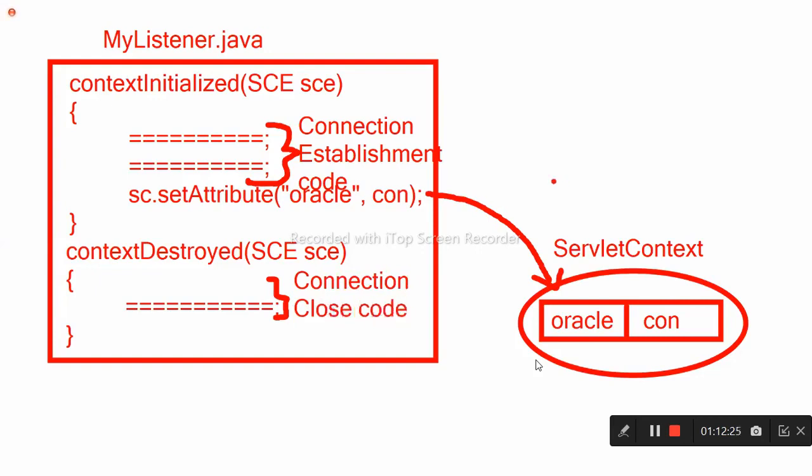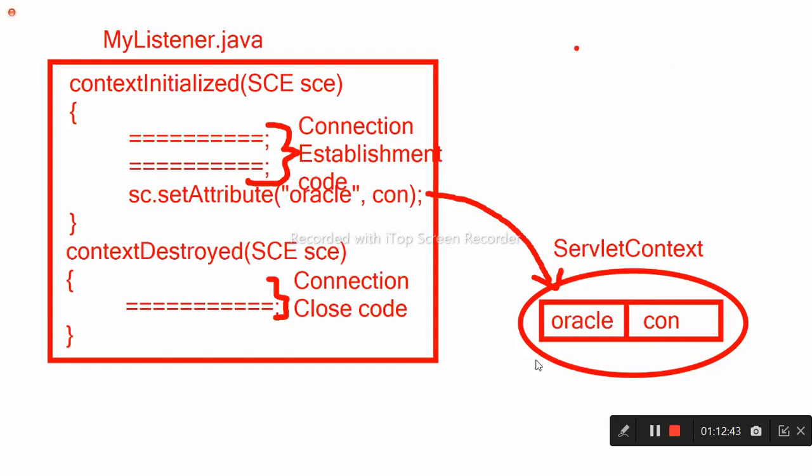Whenever this application is deployed, the connection is established; whenever it is undeployed, the connection is closed. Now this can be accessed in the login servlet, welcome servlet, registration servlet, all servlets.